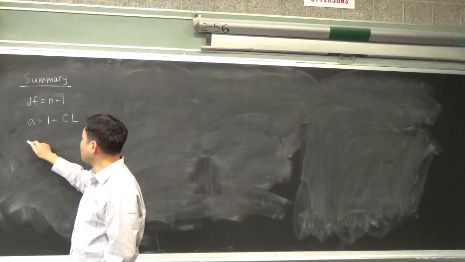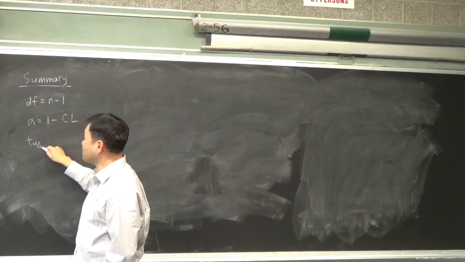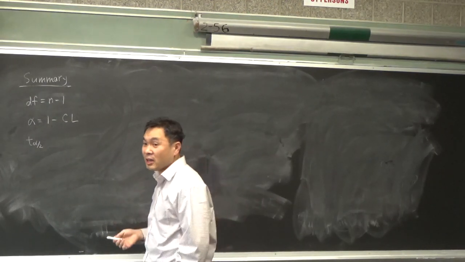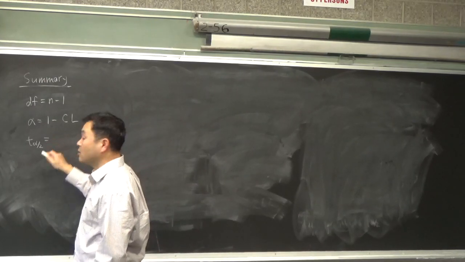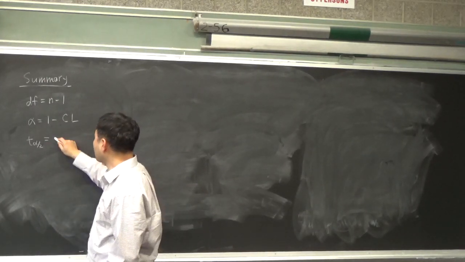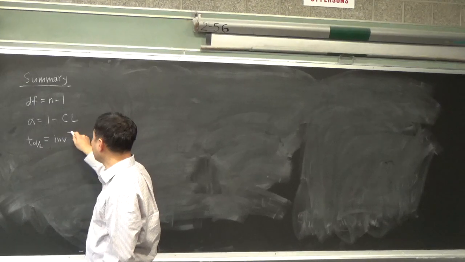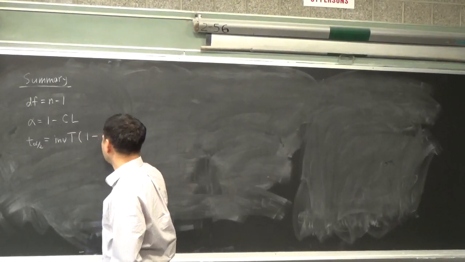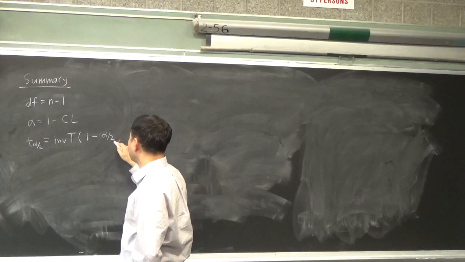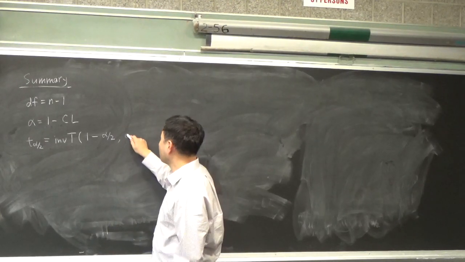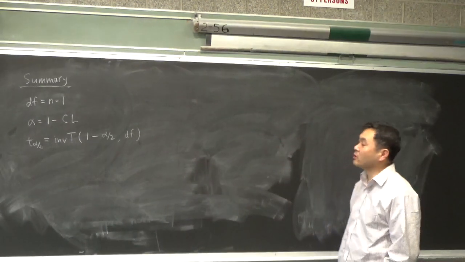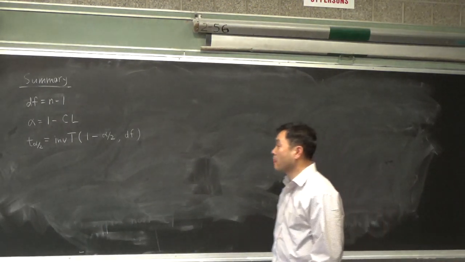And then t alpha over 2 can be either obtained from the table, or you can also use a TI-84 if you have one: inverse T of 1 minus alpha over 2 with the degrees of freedom supplied. Okay? So that's what you can get.